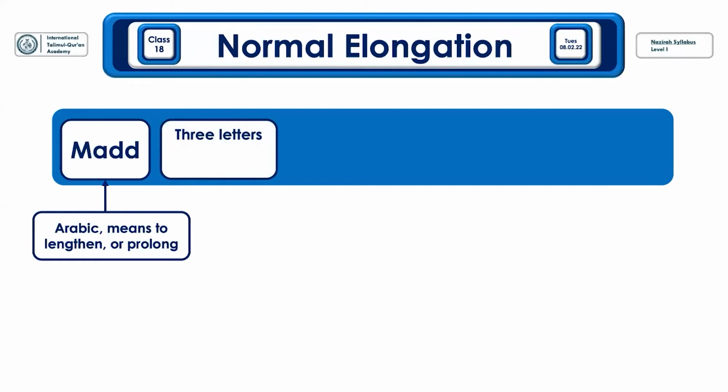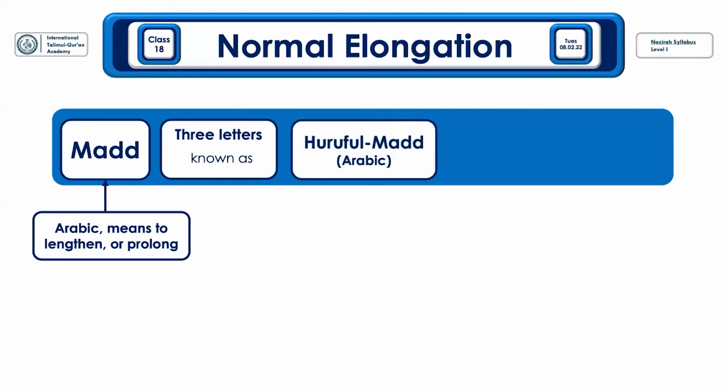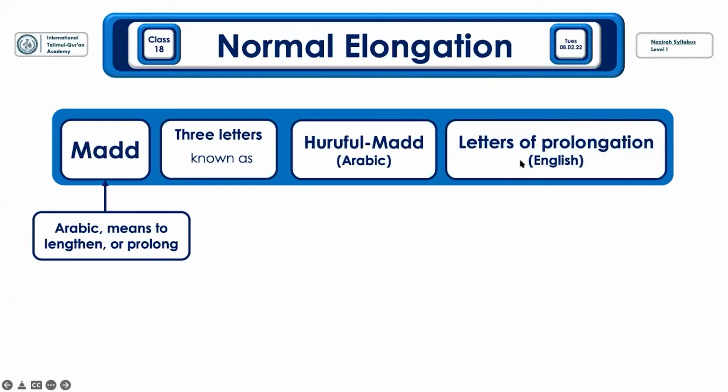So there are three letters in Arabic, also known as the letters of normal elongation, or in Arabic, huruful mad. Huruf means letters, and madda means elongation or prolonging, so huruful mad means letters of prolongation.